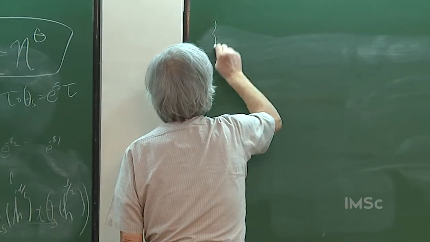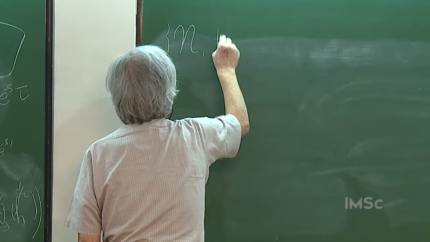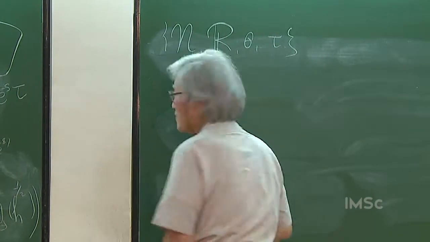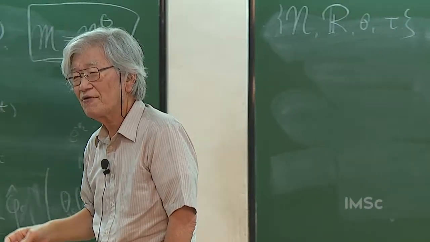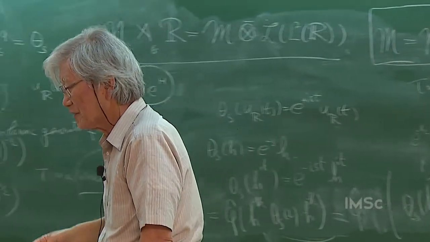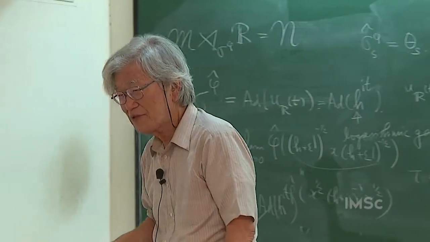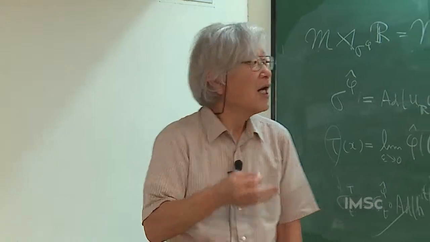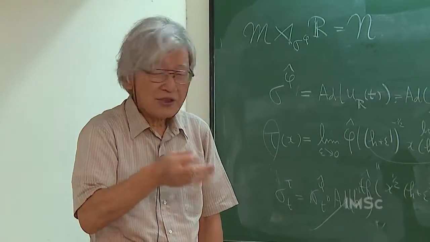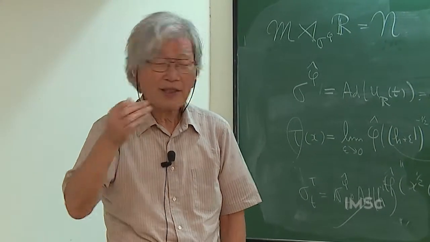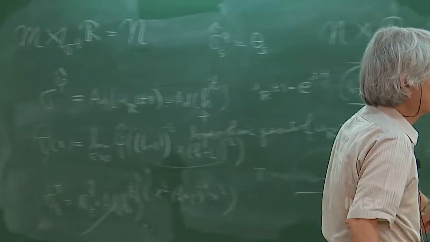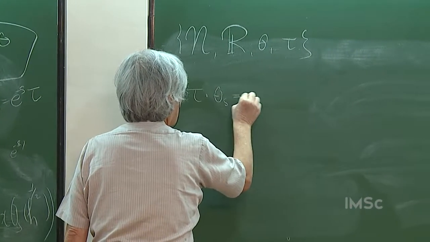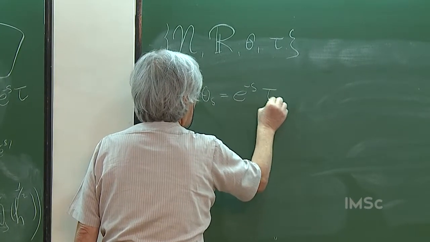Suppose you have N, R, theta, and the trace. The gadget is the following. N is a semi-finite von Neumann algebra equipped with a faithful semi-finite normal trace tau, which is scaled by this rule: tau circle theta S equals e to the minus S tau.